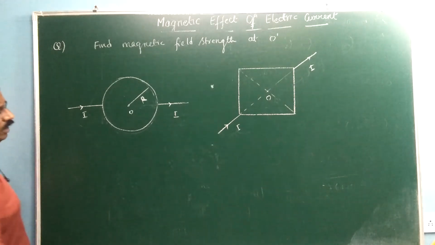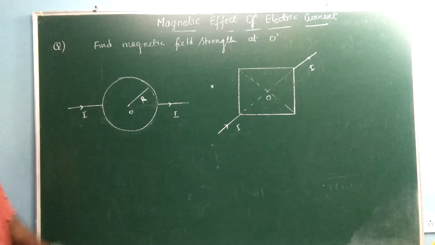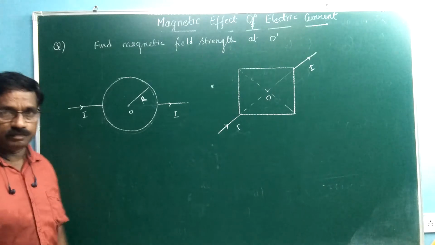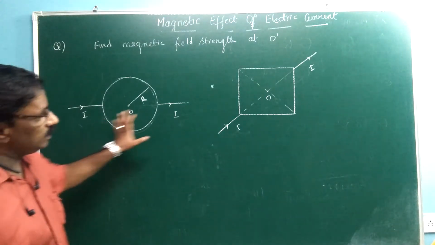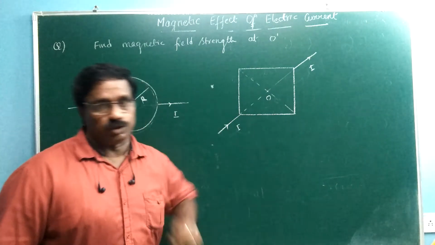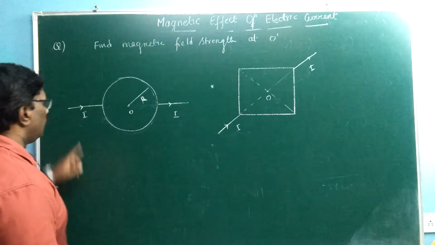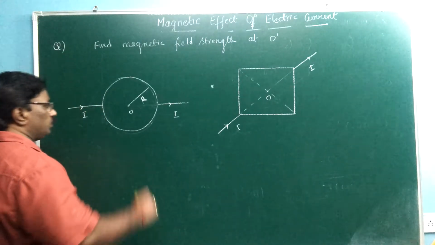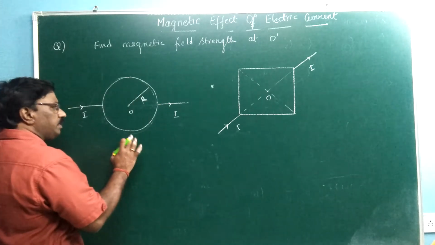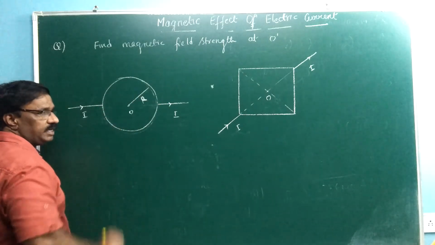Observe the question carefully. He is asking to find the magnetic field strength at O, but different from the models we did previously. So in this case or in this case, at the center the field becomes 0. Let us see how it is. Here the current is I. There is no specification given regarding this, so we can assume both have the same resistance.